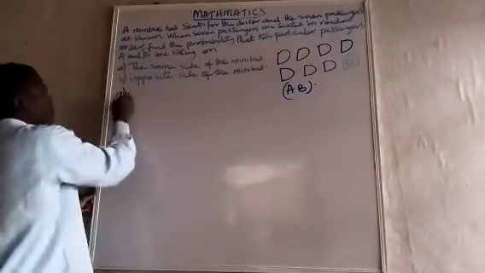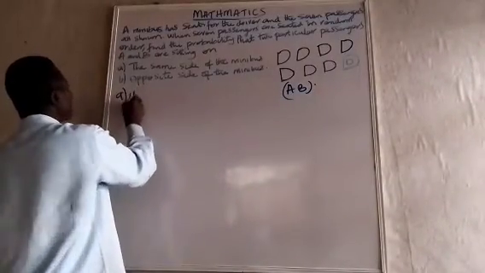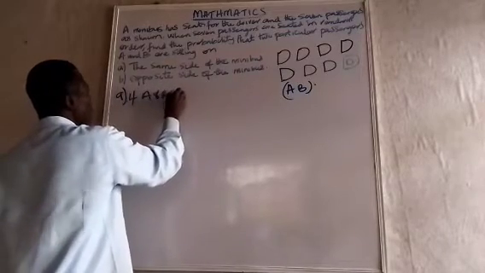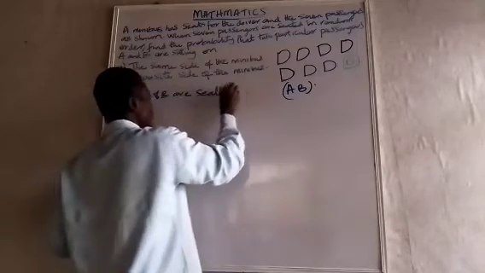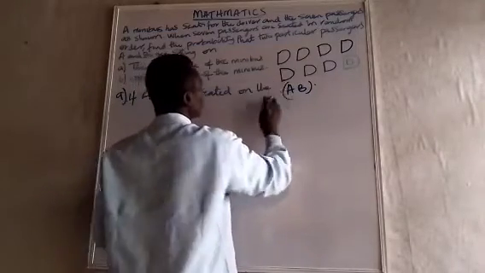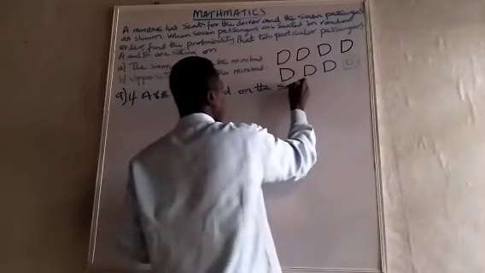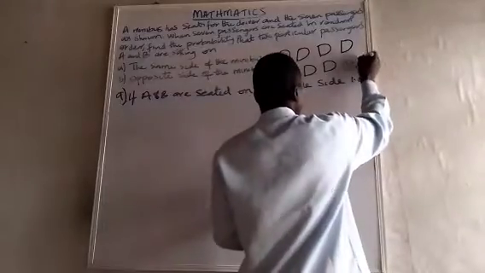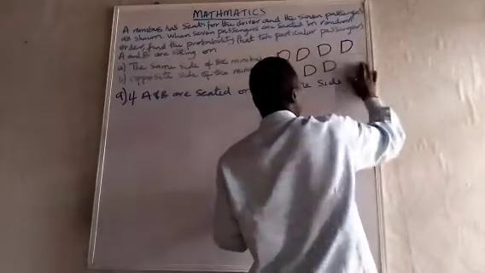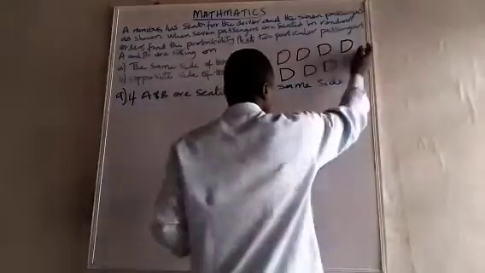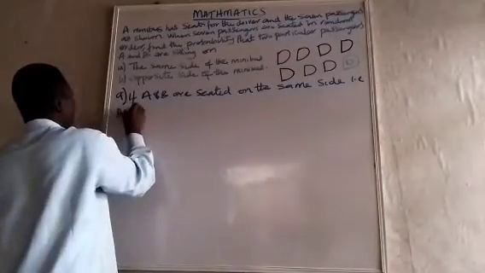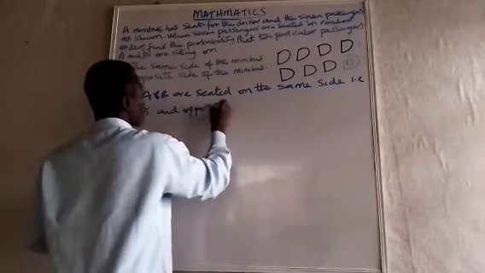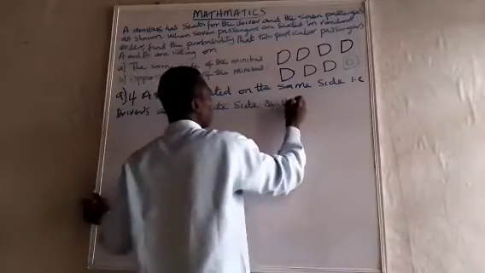If A and B are seated on the same side, let's call it the driver side and the opposite side of the driver.